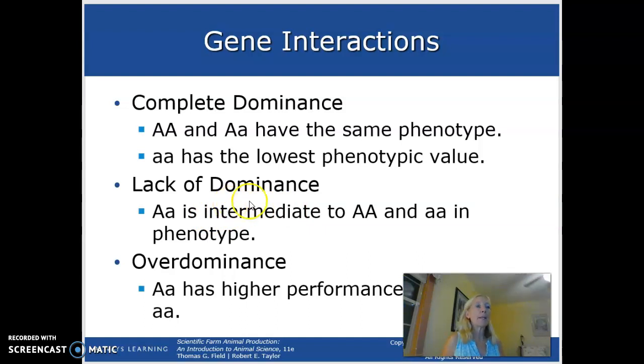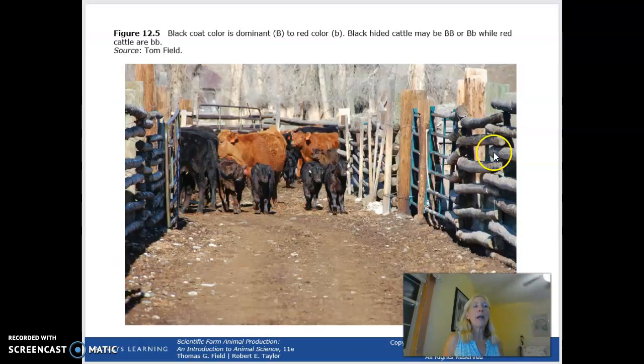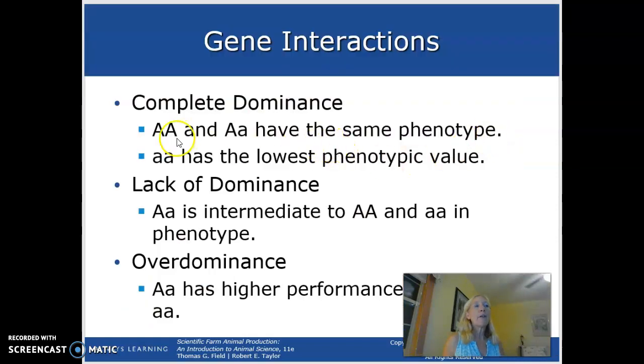So you get blending. And then overdominance is like hybrid vigor, where the heterozygote performs better than the homozygote recessive or the homozygous dominant. That is called hybrid vigor.